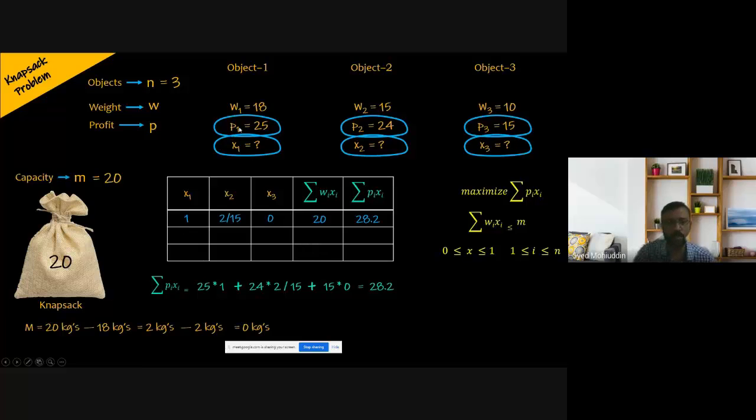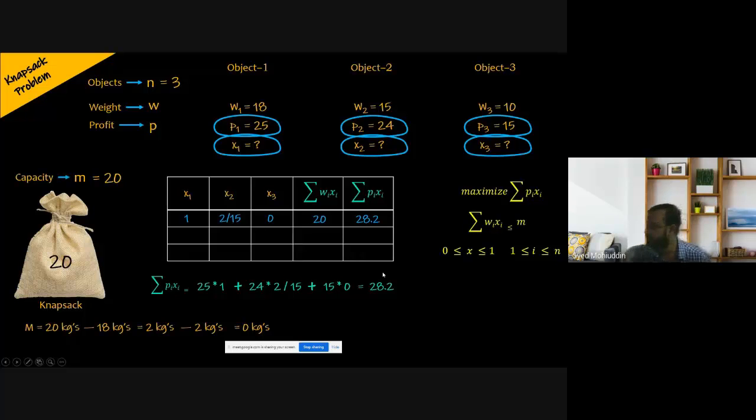So 1 multiplied by profit P1 is 25, and 2 by 15 multiplied by 24 is 3.2, and then 0 multiplied by 15, because nothing of object 3 is filled. That will give us the total profit of 28.2. So let us write it over here, 28.2.